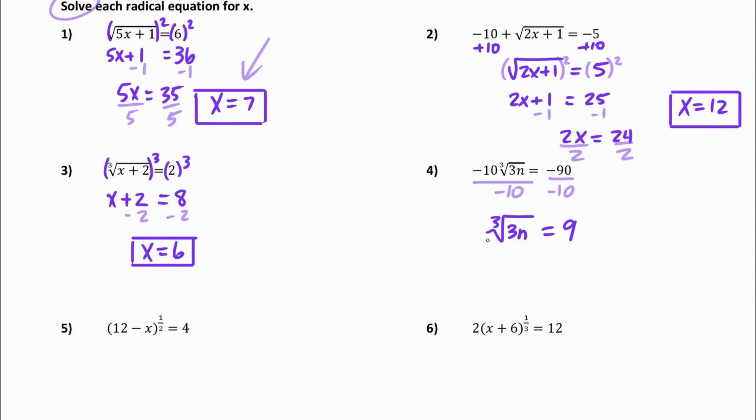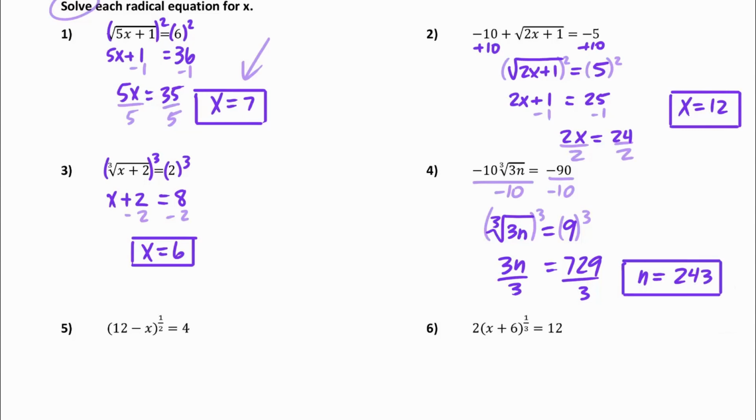And then getting rid of the cube root by cubing to the 3rd power there. 9 times 9 times 9 is fairly big. If I remember right, it is 729. And then you have 3n, dividing by that 3. I think n in the end is 243. Hopefully not too hard.